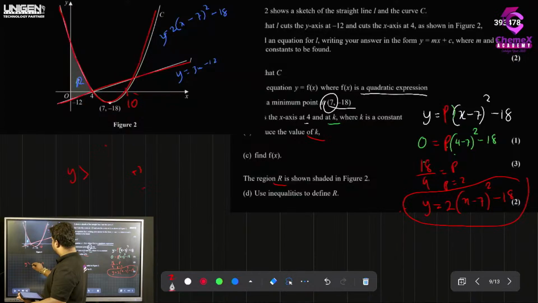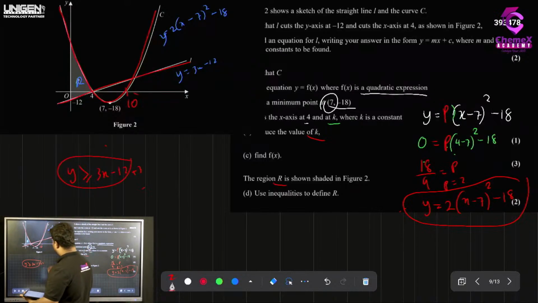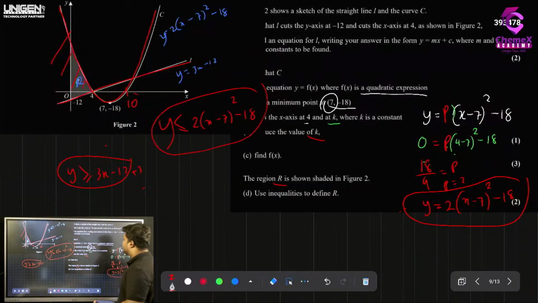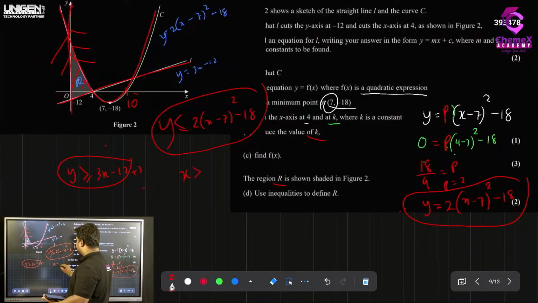So y is larger than or equals 3x minus 12. That's one. Another one is y is smaller than or equals 2(x minus 7) squared minus 18, because it's below the curve. That's another inequality. Then the third is above this side, so x is larger than or equals 0.